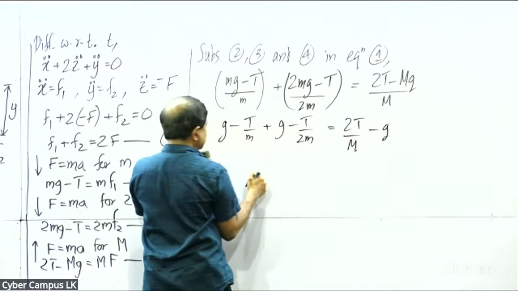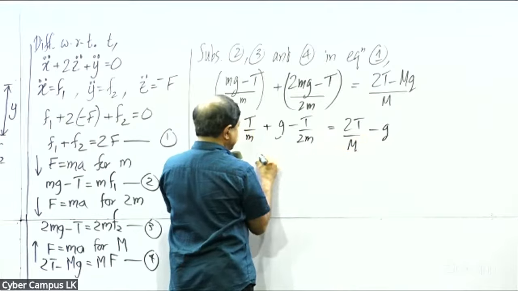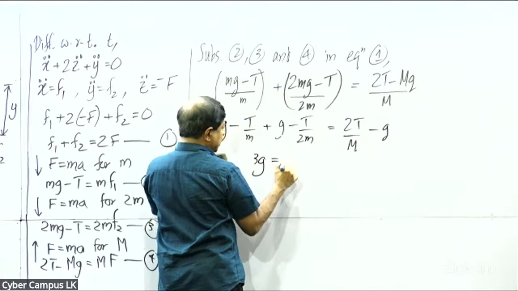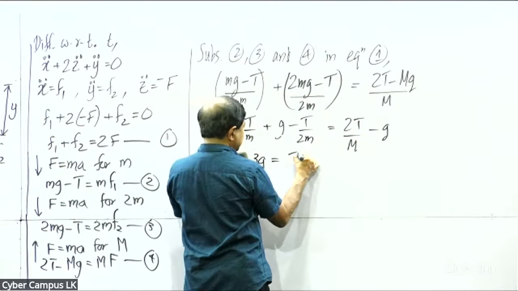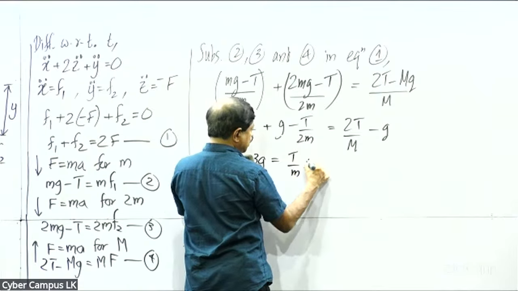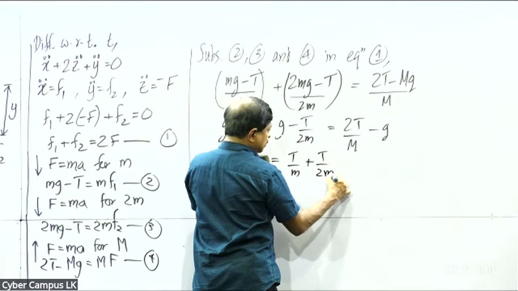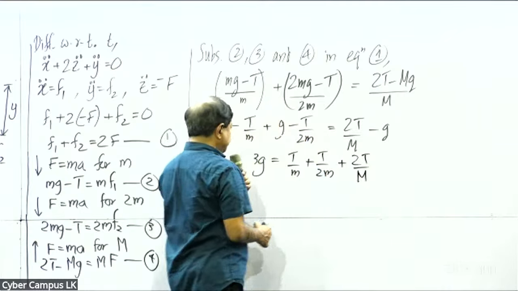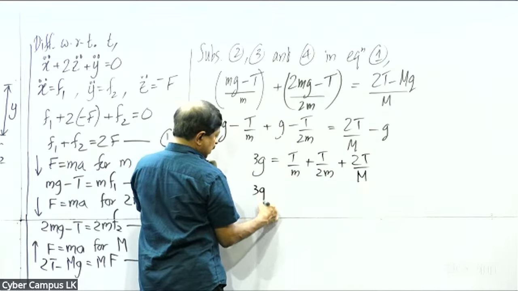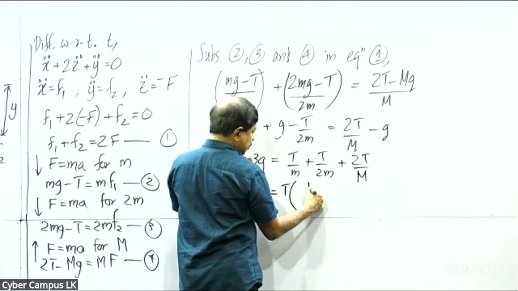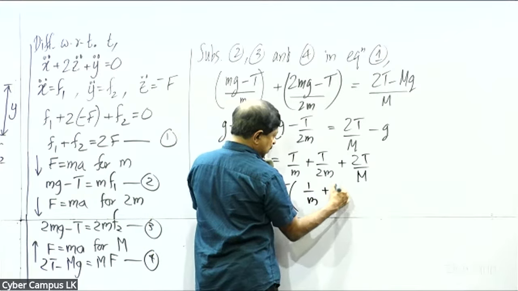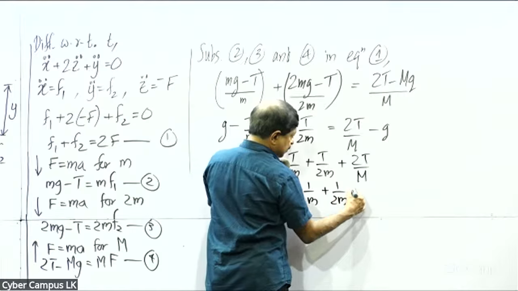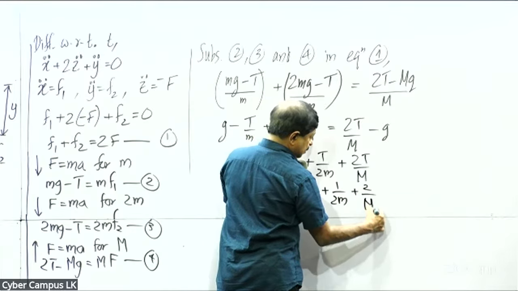So if you bring g to this side, g plus g plus g, you get 3g. If you take the terms carrying T to the other side, T over m plus T over 2m plus 2T over capital M. Now you can pull out T. So you get 1 over m plus 1 over 2m plus 2 over capital M.